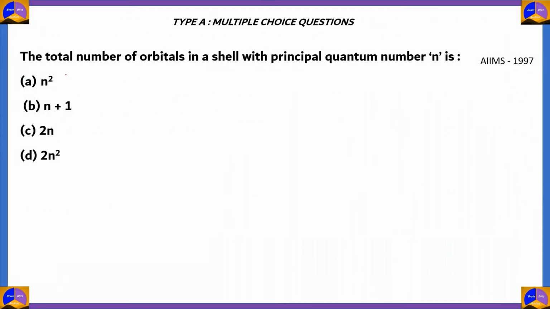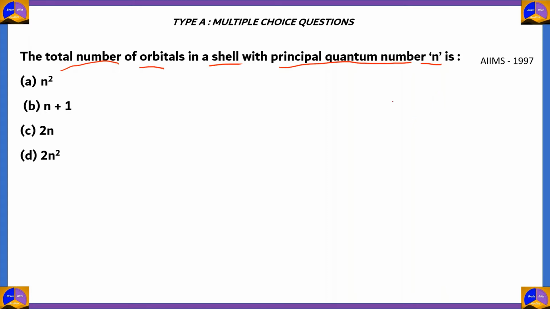Next question. The total number of orbitals in a shell with principal quantum number n is n squared, n plus 1, 2n, or 2n squared. So we need to look at the number of orbitals in a shell with principal quantum number n.